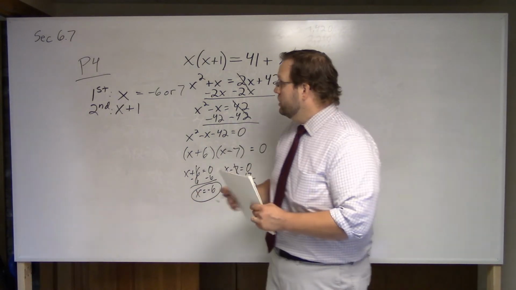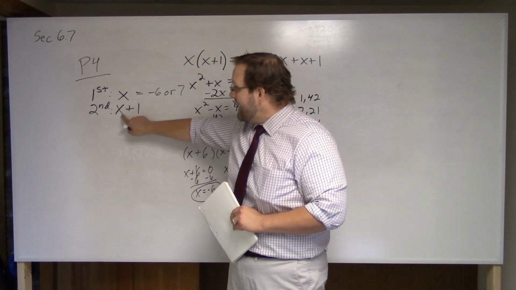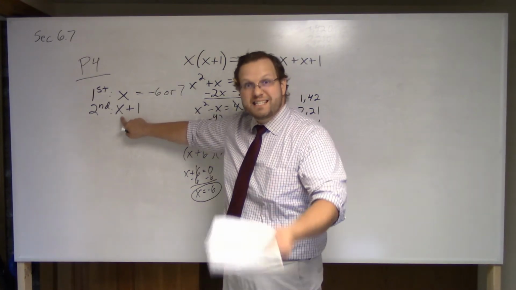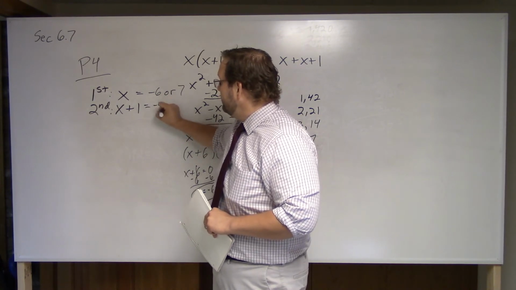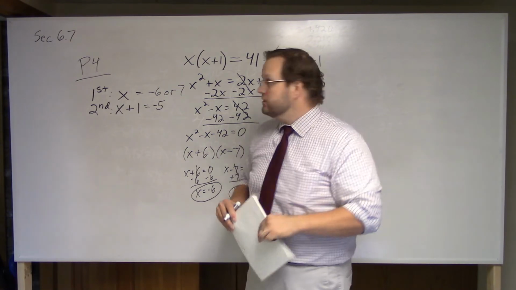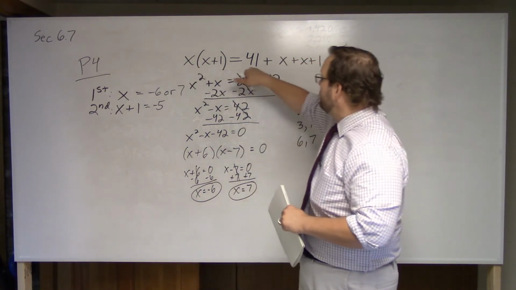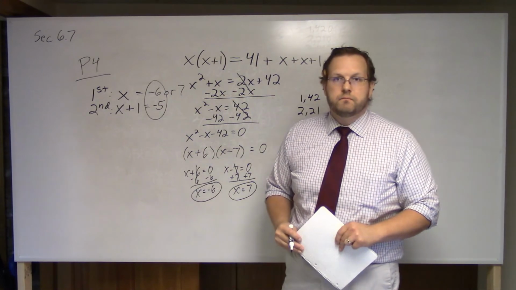Okay? So if I started at negative 6 and then I add a 1 to get to the consecutive integer, it would be negative 5. So my two consecutive integers whose product is 41 more than their sum could be negative 6 and negative 5.